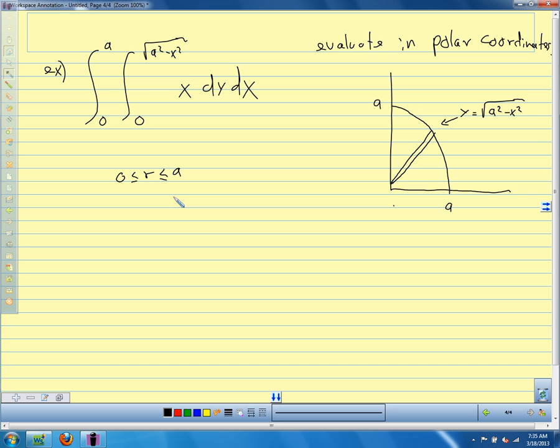And how about theta? 0 less than or equal to theta less than or equal to pi over 2. So if I transform this into polar coordinates, our integral becomes the integral from 0 to pi over 2, integral from 0 to a, and x is just r cosine theta, r dr d theta.